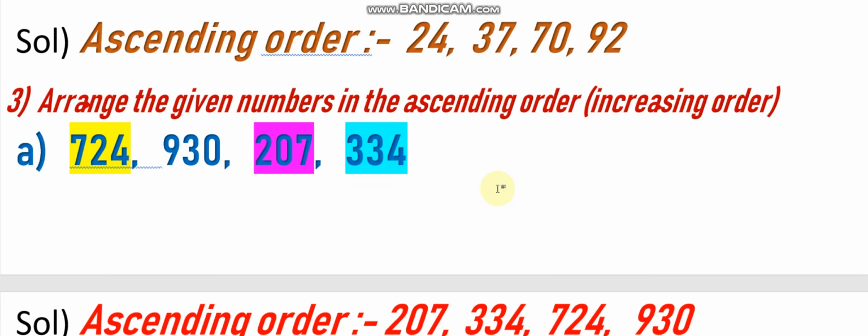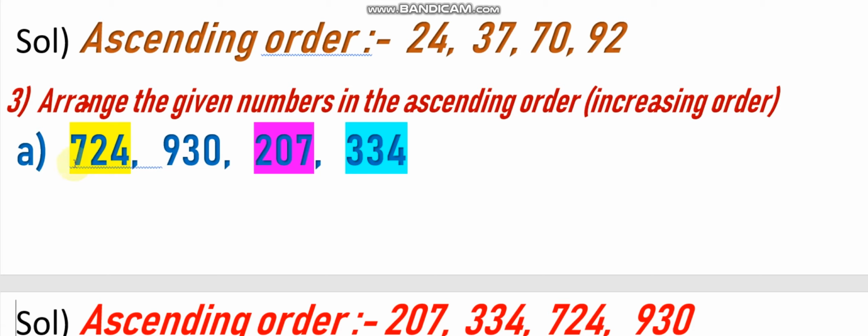Then arrange the numbers in the ascending order or increasing order. See here, these are 3-digit numbers. From the 3-digit numbers, you have to find the smallest number from which place? Hundreds place. Okay, ones, tens, hundreds. Here 7. Here 9. Here 2. Here 3. What is the smallest digit? 2. So make a round to 207. Write here 207. Then remaining 3 numbers.